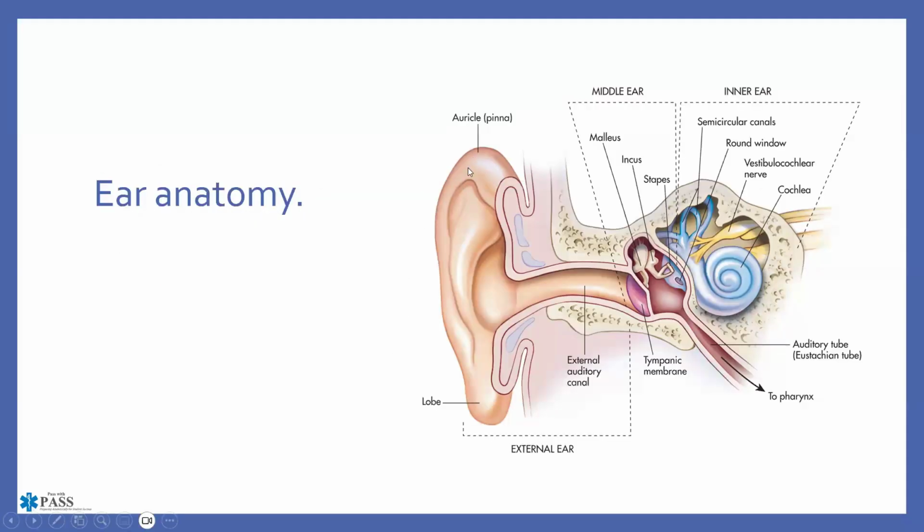So here's our pinna, or the auricle. Here's the external auditory canal. We know that we have cerumen in there, or earwax, to protect the ear. And it travels all the way down until we end up having this tympanic membrane.